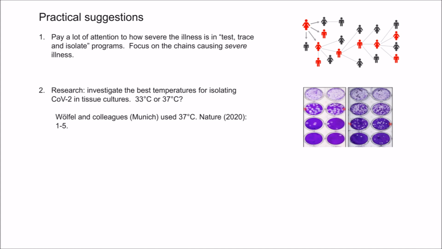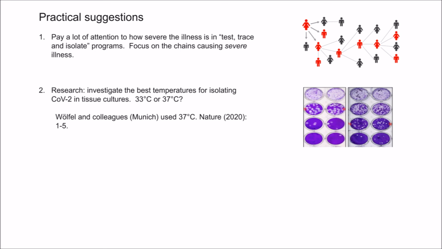Now this is interesting because why should any of them in the first place prefer to grow below normal body temperature? A recent example was a paper in the journal Nature published this year by Wolfel and his colleagues, and they used 37 degrees to isolate CoV-2. But it would be interesting to find out more systematically what would be the optimum temperature.